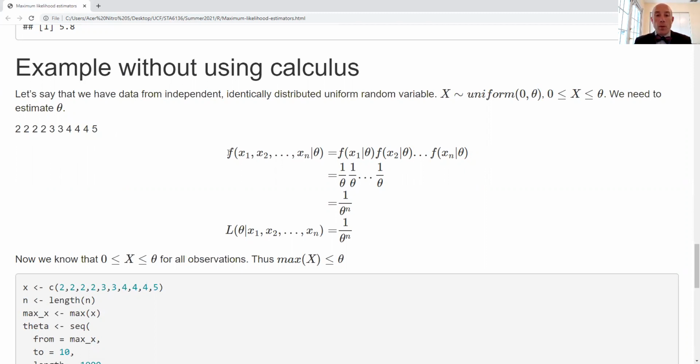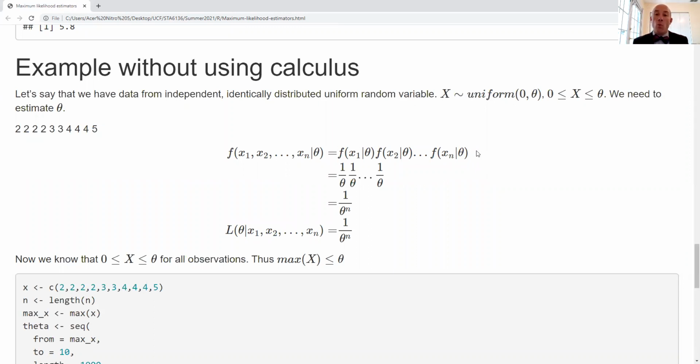Now, I have a multivariate distribution, and since we're dealing with independence between my observations, this just factors into a bunch of individual terms like that. Now I'm going to use the fact that I'm dealing with a uniform distribution.